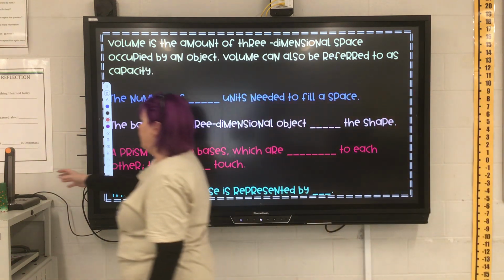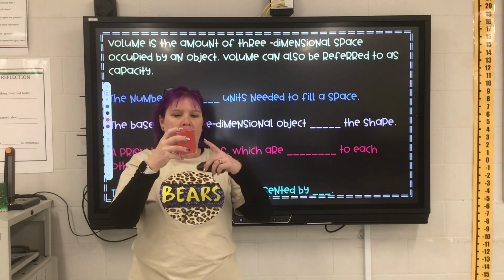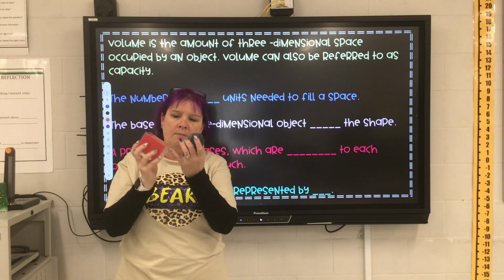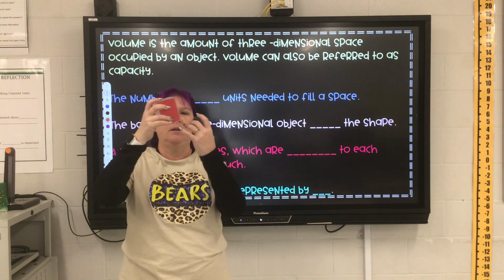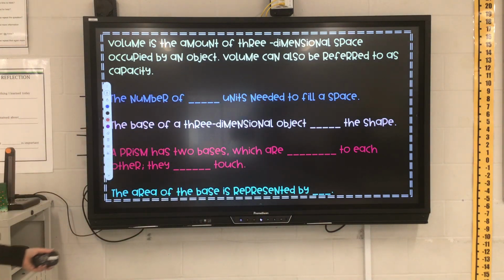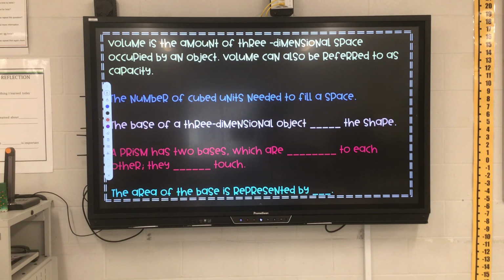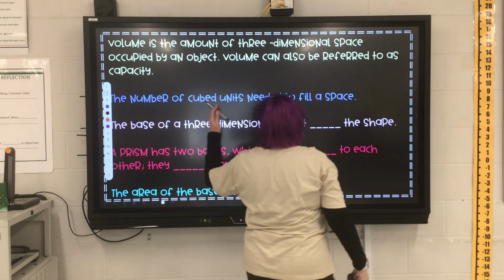So we're now dealing with three-dimensional objects, and it's not just how much area is in one spot, it's how much can go in to that area and up. Okay, the number of cubed units needed to fill a space. Okay, so our information is cubed now.